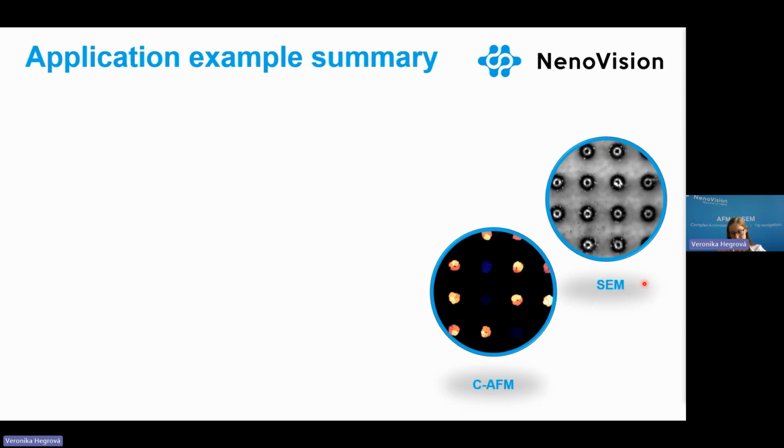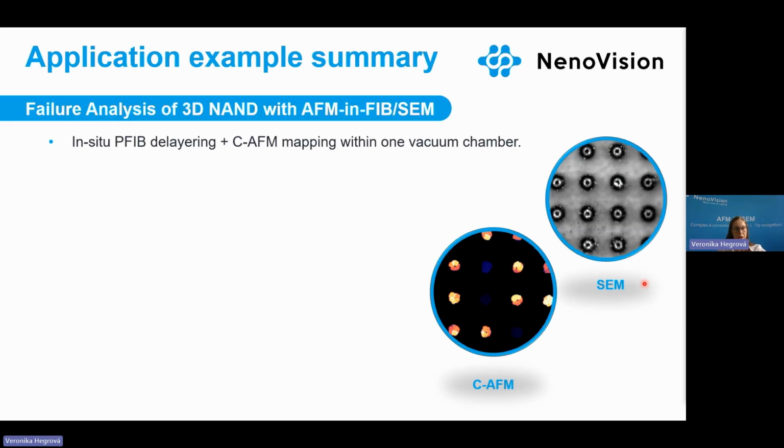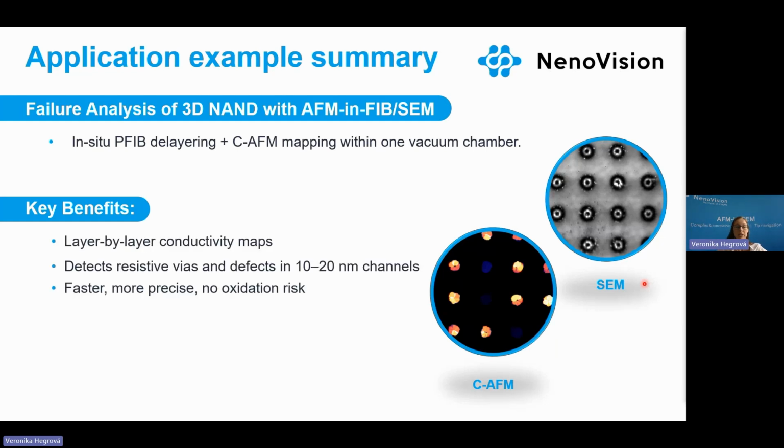To summarize this particular example, we've seen how we can use the AFM-in-SEM or FIB-SEM technology to analyze 3D NAND structure, to do the plasma FIB delayering first, and then afterwards conductivity mapping at each layer within one vacuum cycle. So this enables layer by layer conductivity maps.